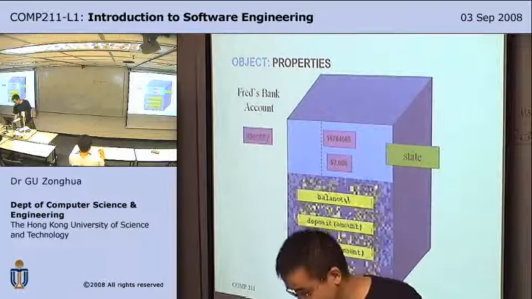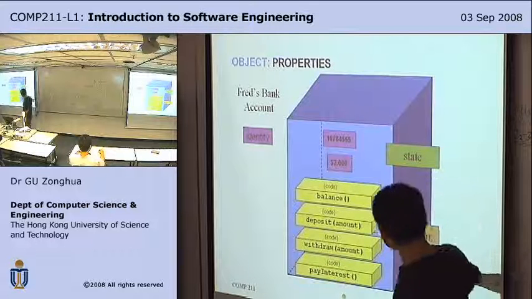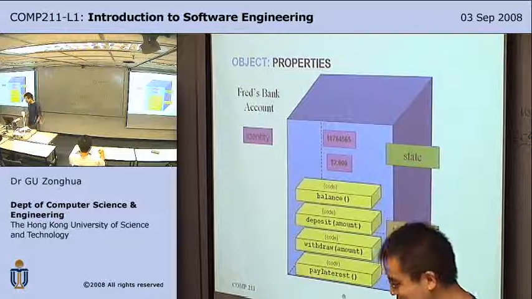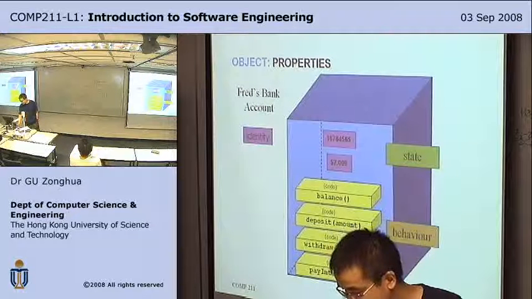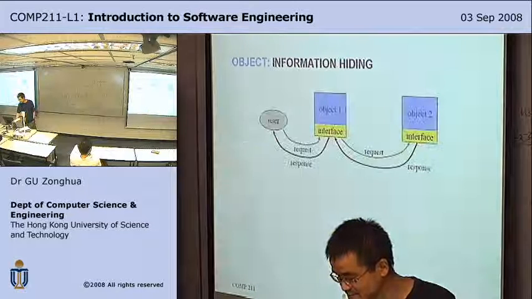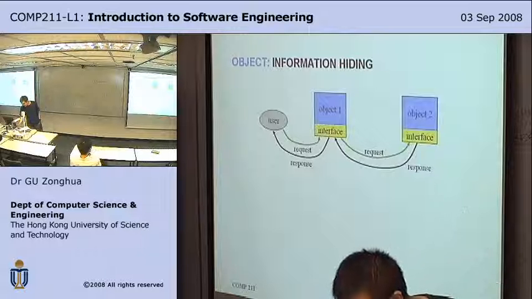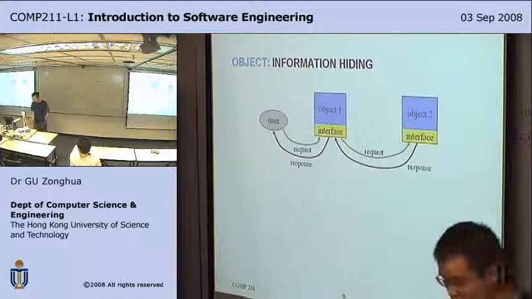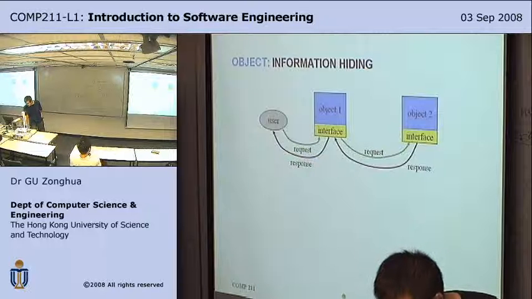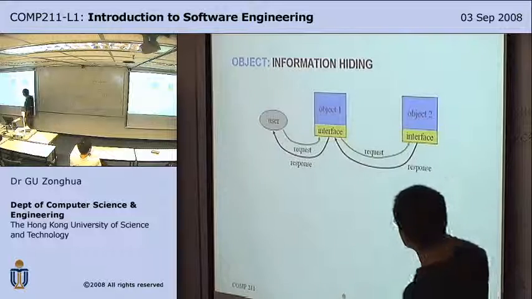And behavior is the code behind the operations. Remember, the operations form the interface, and there are implementations or behaviors behind the interface. So, information hiding. I alluded to this earlier. The object's interface provides encapsulation and abstraction, and that achieves information hiding.